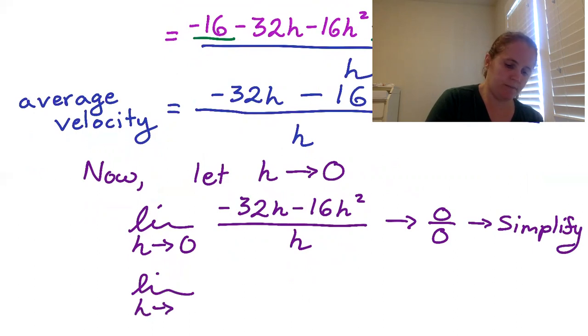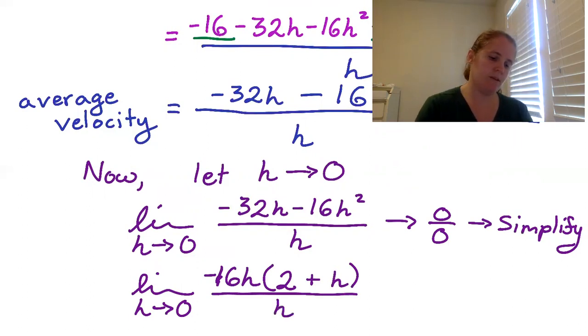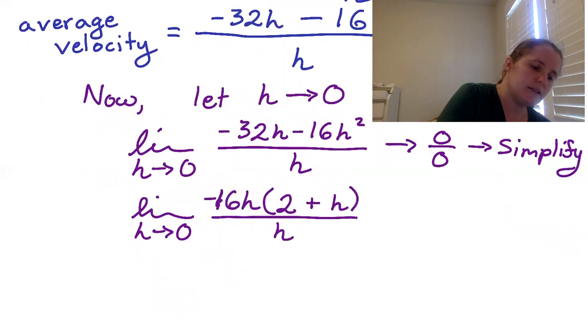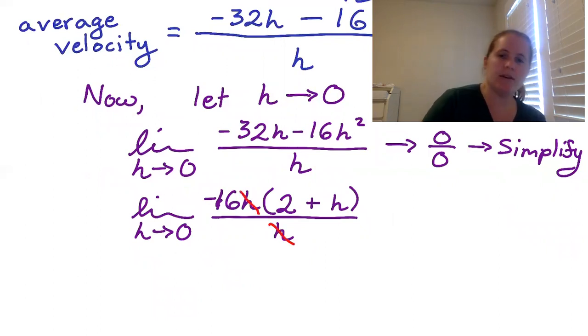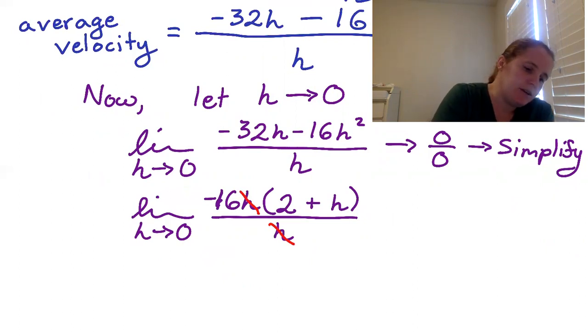Our numerator, we can factor out a negative 16h, and we are left with 2 plus h. And then on the bottom, we have h. We can cancel the h that was factored out with the h in the denominator. And at this point, we can just plug in 0 for h.